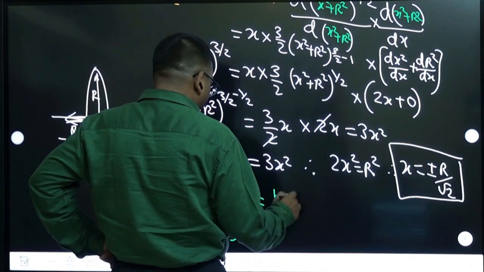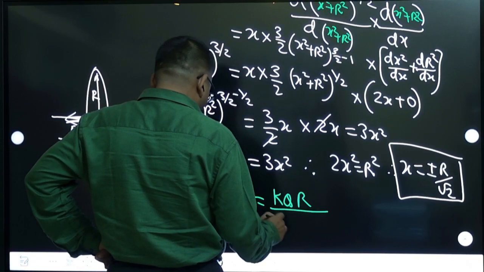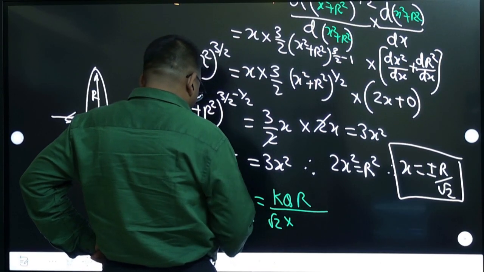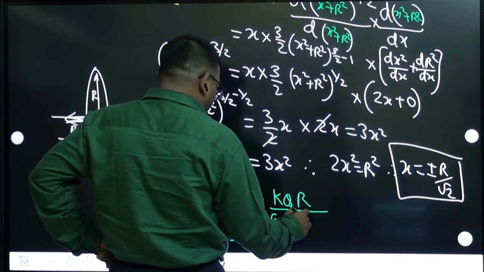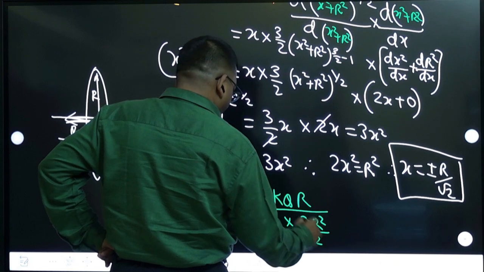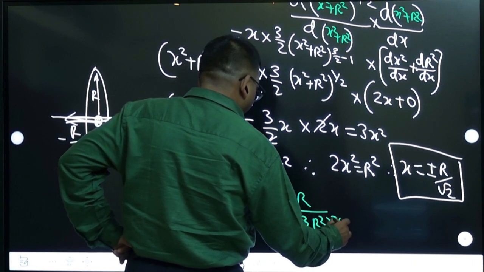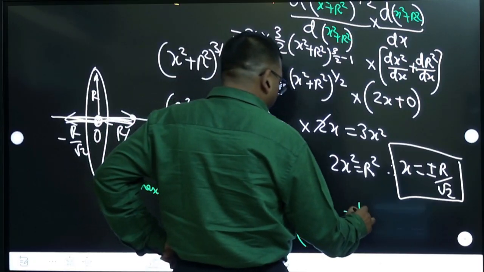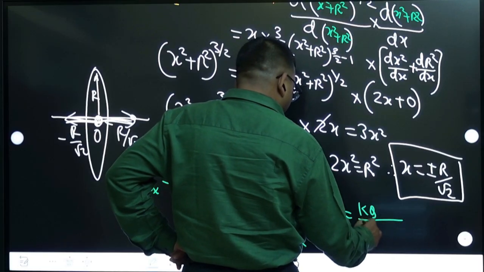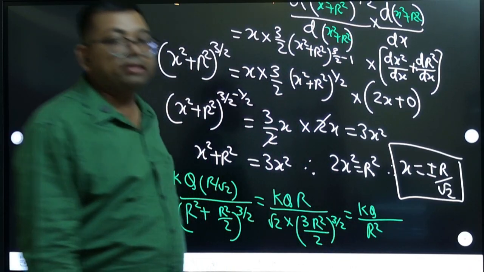So kq r by root 2 will come, and here it will become what? 3 r square, 3 as r square by 2 power 3 by 2. So what will happen here? kq, r square factor will come.